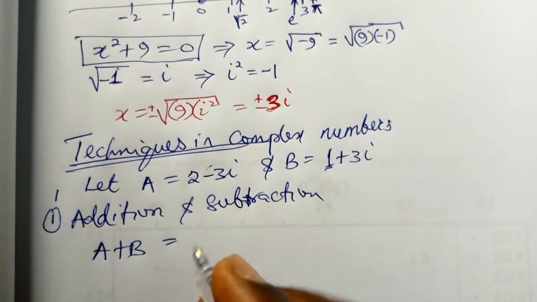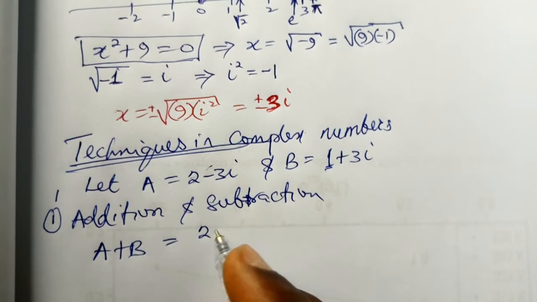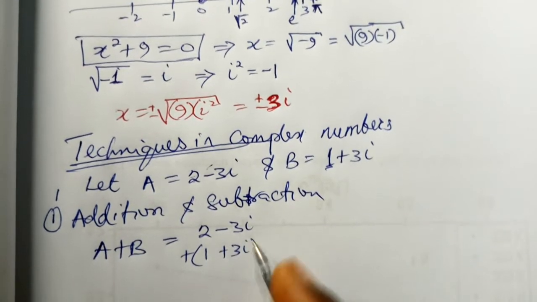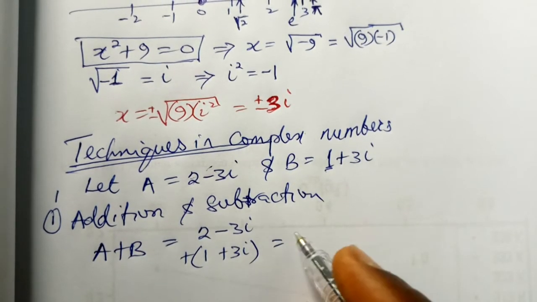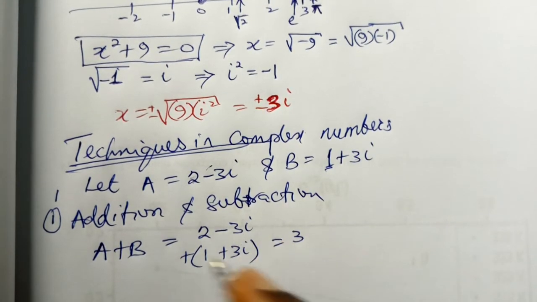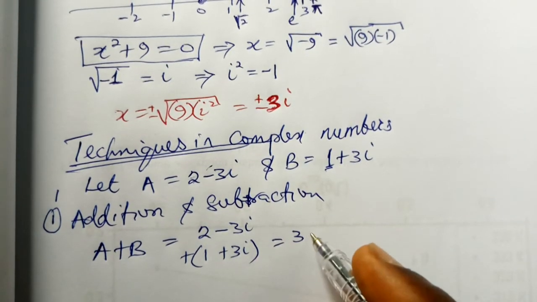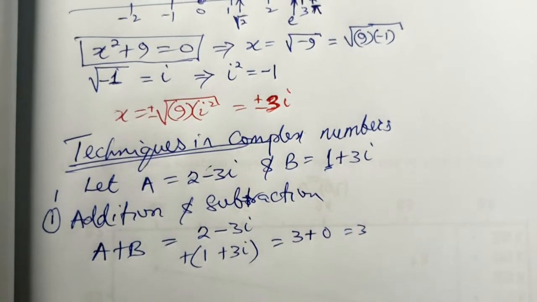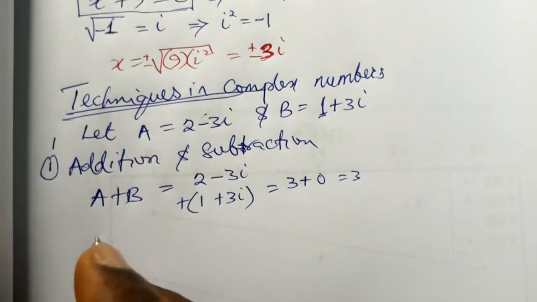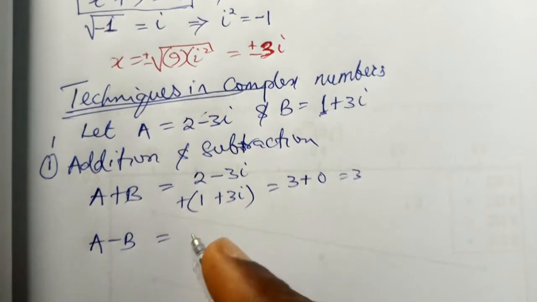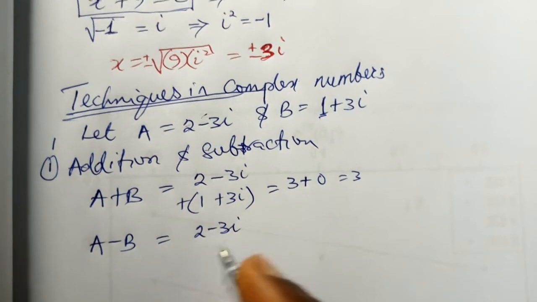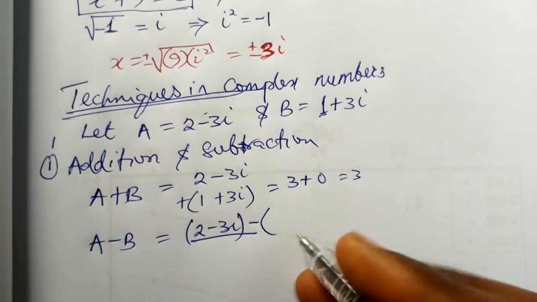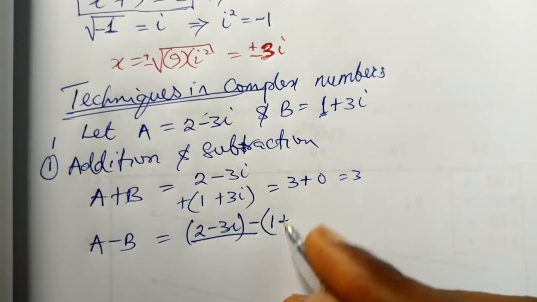So if you want to add, you add the real to the real and the imaginary to the imaginary. 2 minus 3i plus 1 plus 3i: this plus this is 3, this plus this is 0, so the answer is 3. If we do a minus b, we will have 2 minus 3i minus 1 plus 3i.